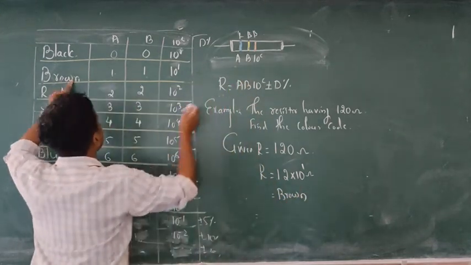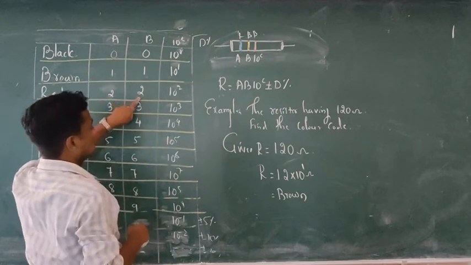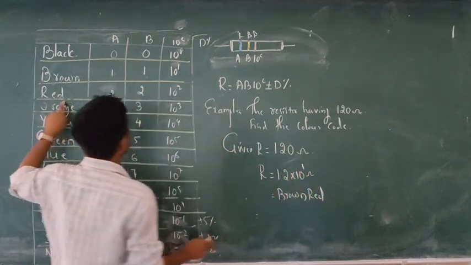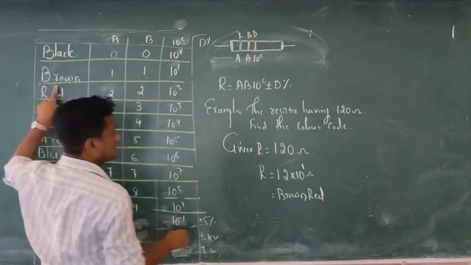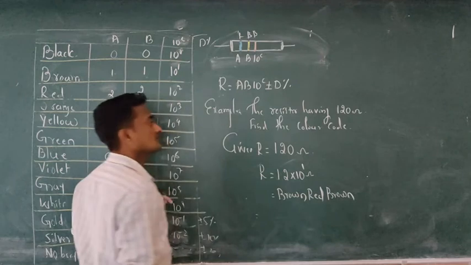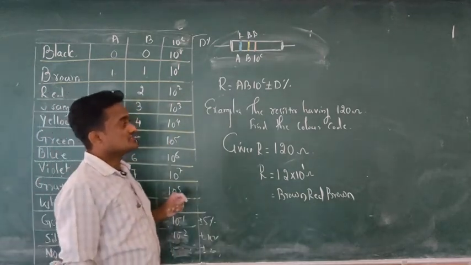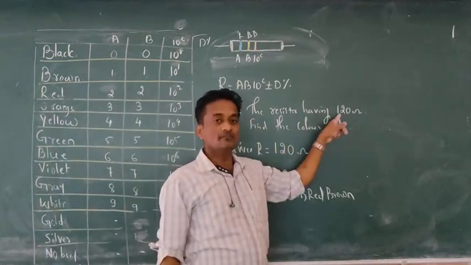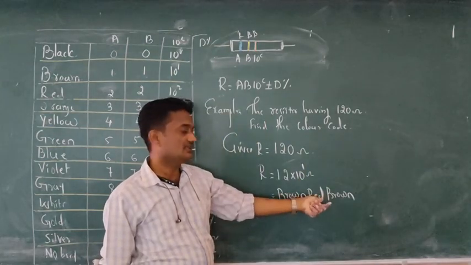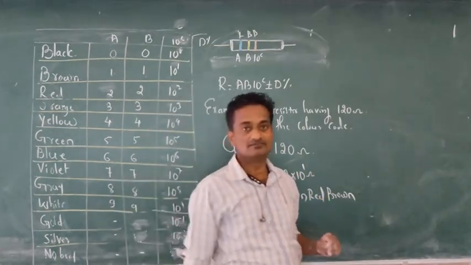In second band B, 2, it is red. 10 to the power 1, it is brown. Then the resistor's value 120 ohm means its color is brown, red, and brown.